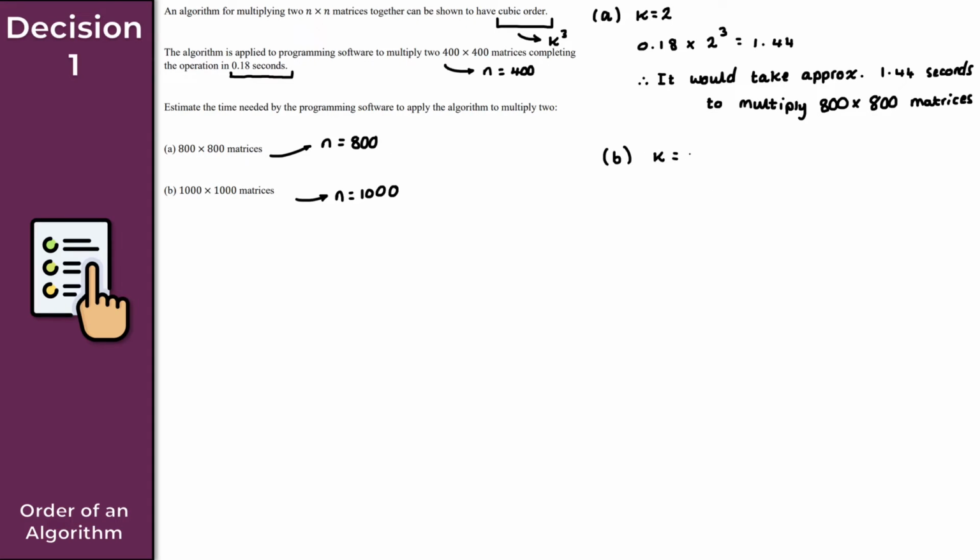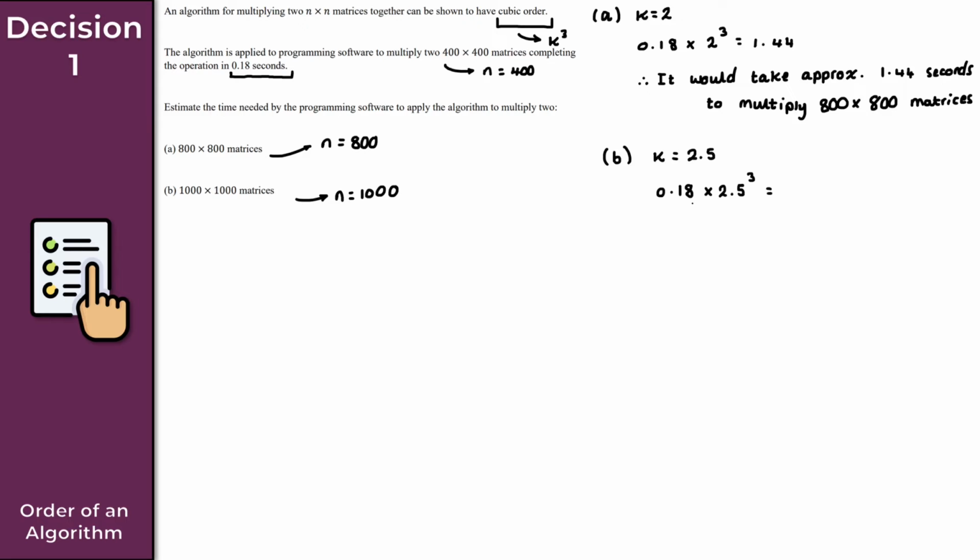So k here is 2.5. And again, all we do is take this time, 0.18, and times it by k cubed here. So k is 2.5, so 0.18 times by 2.5 cubed.